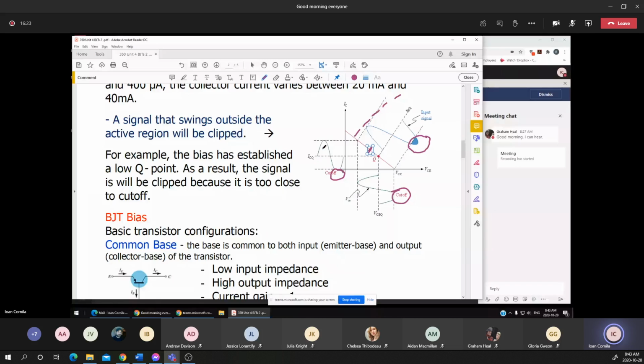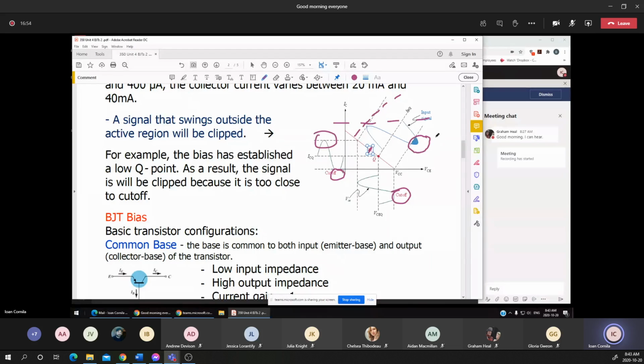At this value, you notice that I'll have the same situation when the signal actually is clipped, but on the upper side, means that the limitation of the saturation current or the IC max. Means that in both cases, if the transistor is not placed on the right spot or in the middle of the load line, the limitation is the input.